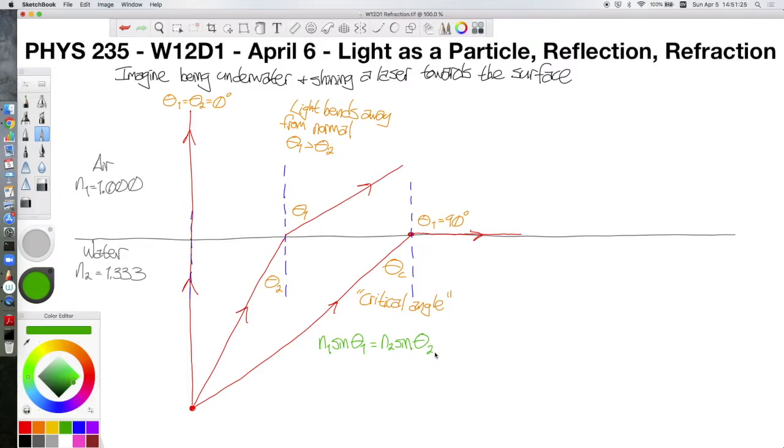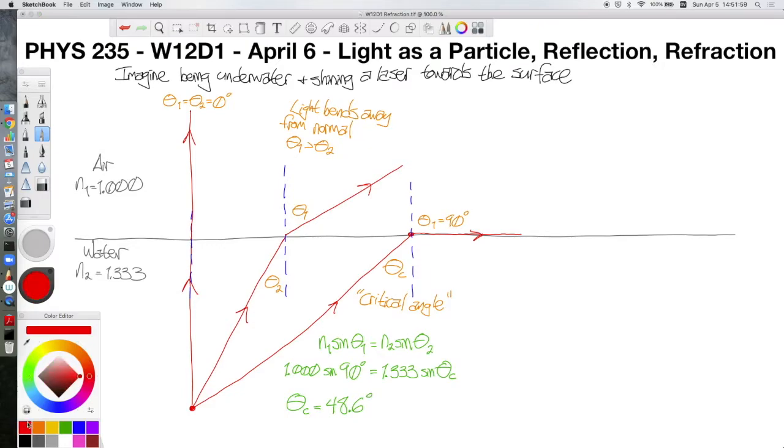So on the air side of the equation, we have the index of refraction of air, 1.000, times the sine of the angle within air, which is 90 degrees, and sine of 90 is 1. And now on the water side of the equation, the index is 1.333. And we've decided to call this angle the critical angle. So we can then solve for our critical angle, and we get a value of 48.6 degrees.